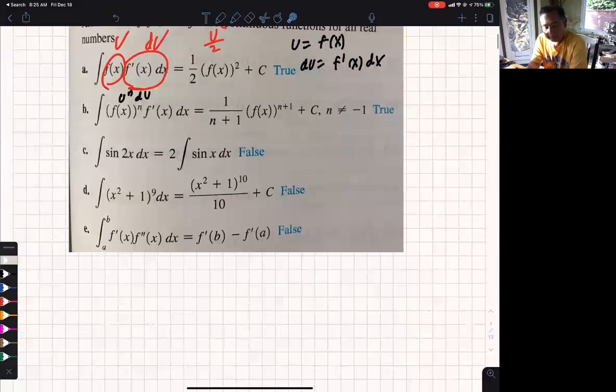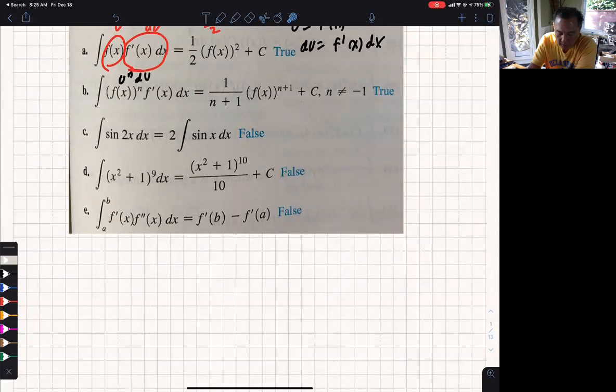So part C, this is a u sub again, and 2x inside of the sine function. And so 9 times out of 10, the function inside of another function is your best candidate for u. So u would be 2x, du would be 2 dx.